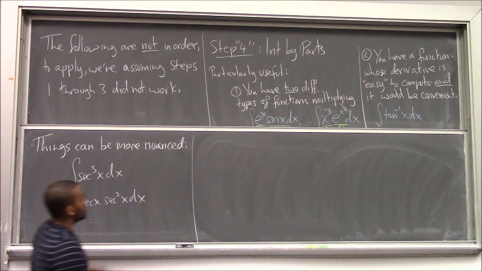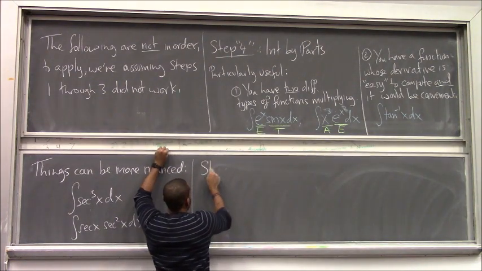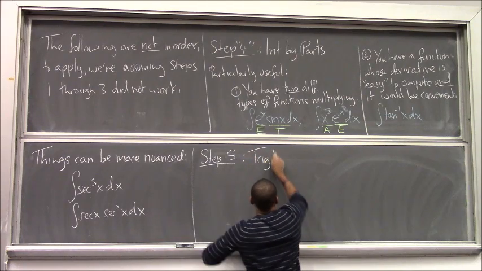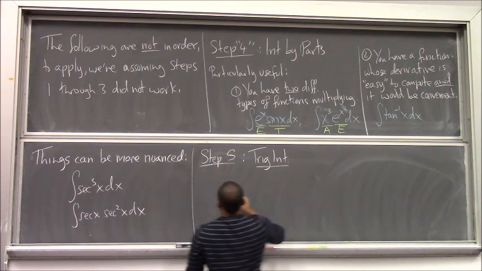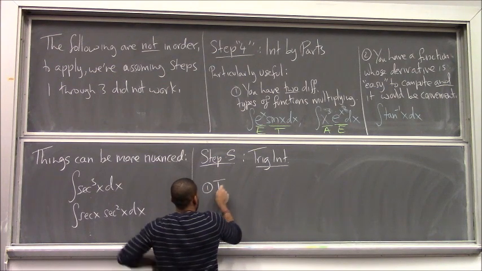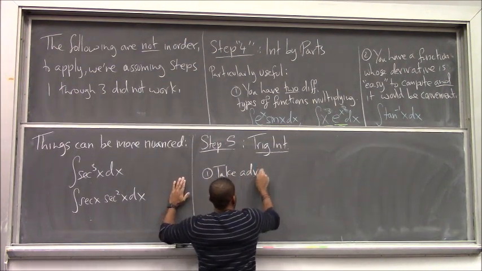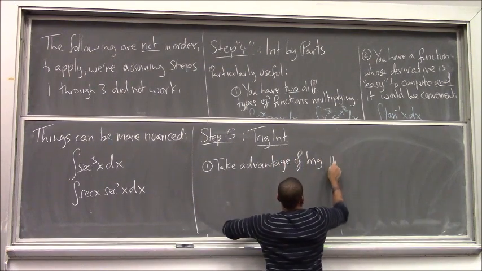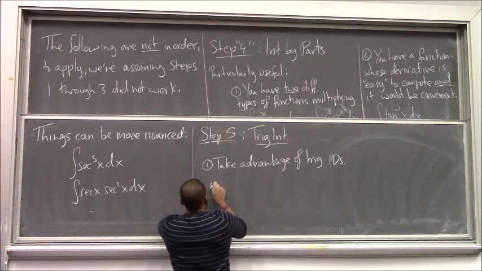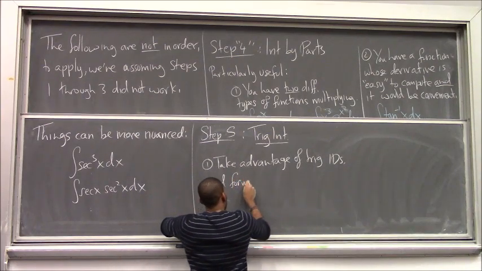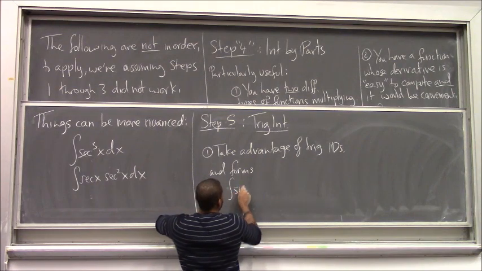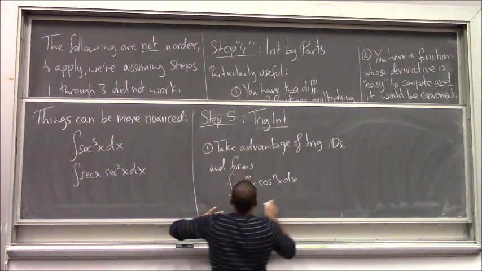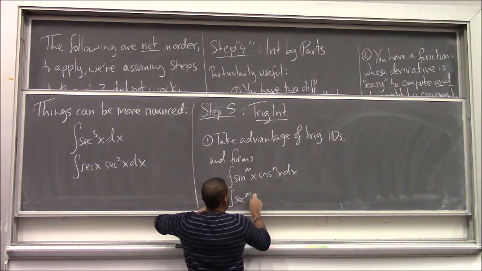Step 5. These were with trig integrals. So probably the first thing you want to do is take advantage of trig identities. And when you see forms like we mentioned, like a sine to the m, cosine to the n, or you see something like a secant to the m, tangent to the n.